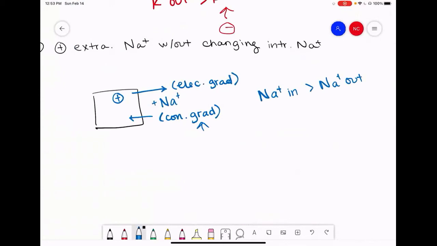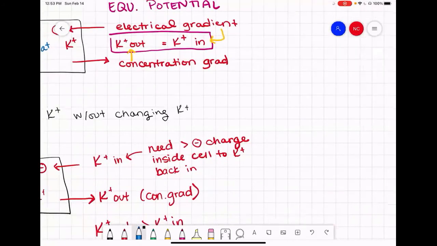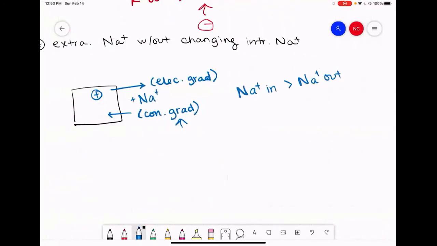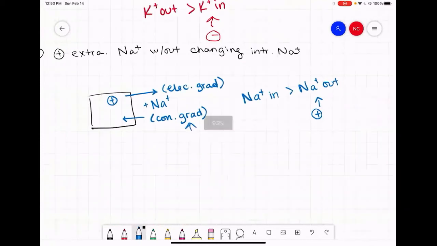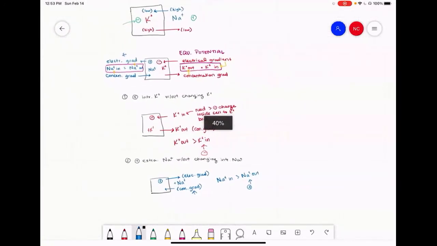So what we need to happen is our electrical gradient needs to be stronger. Our electrical gradient pushing sodium out needs to increase, to be more positive so that we are pushing sodium out of the cell at the same rate we're drawing it in to maintain that equilibrium potential. Okay. So that's kind of a snapshot of how all of this makes sense.